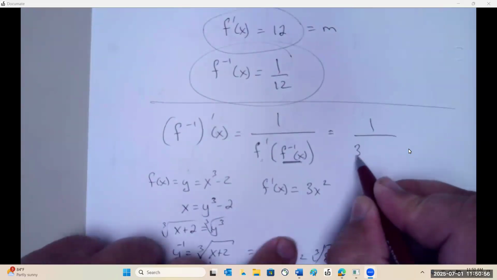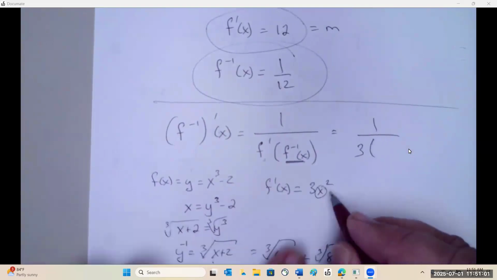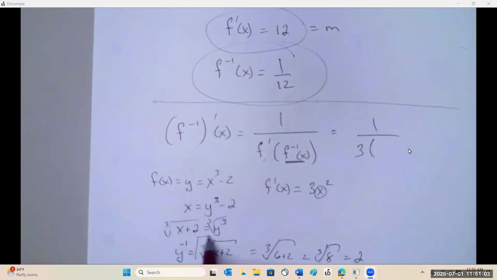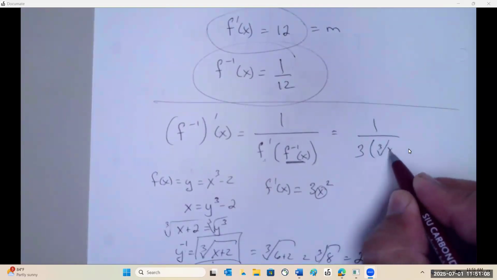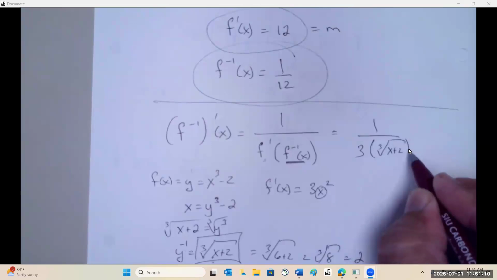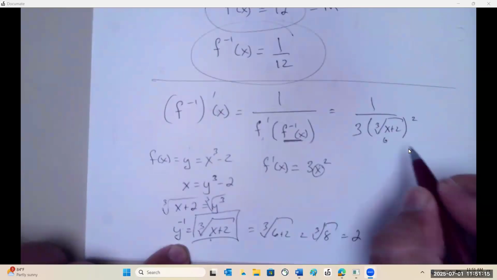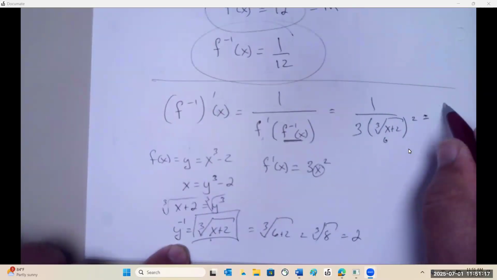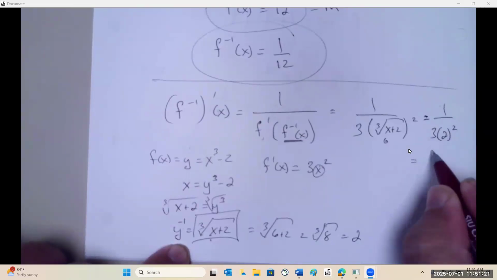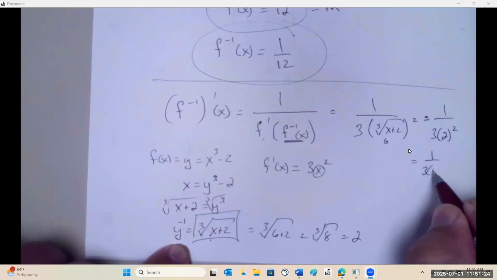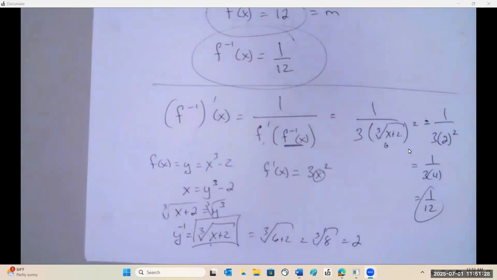So we have 3, and in place of x, I put the inverse function. I plug in 6 inside there. So this gives me 1 over 3 times 2 squared, 3 times 4, which is the derivative of my inverse.